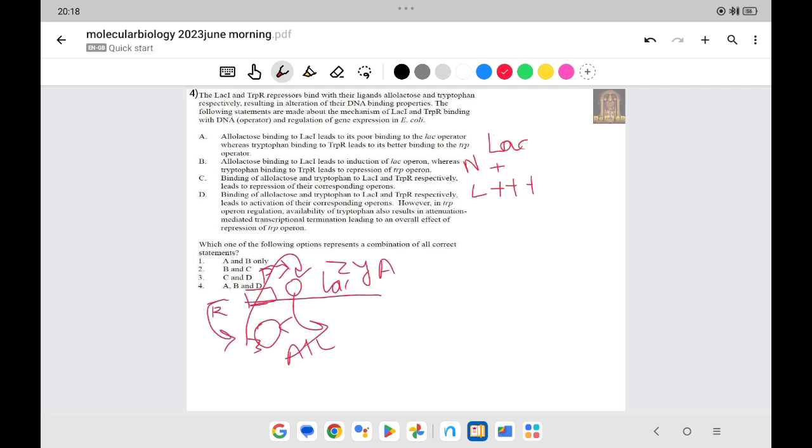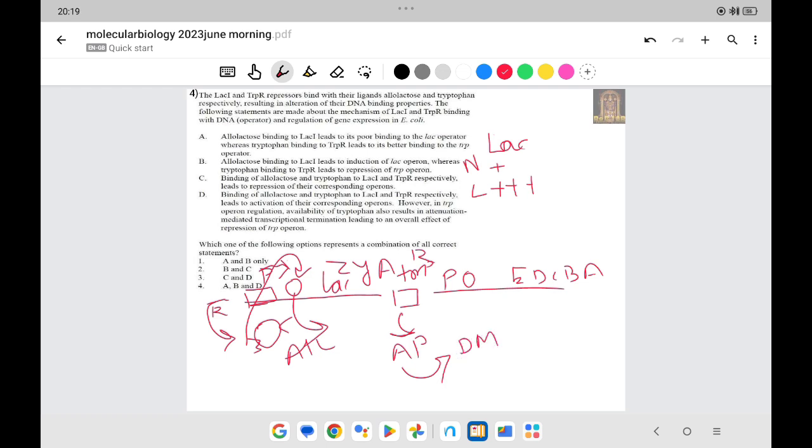And what is the structure of the trp operon? In the trp operon case, suppose this is the trp repressor, trp R, and here you can see the trp promoter, trp operator, and the rest of the genes, that is trp E, D, C, B, and A. And from the trp repressor, a protein is synthesized that is known as the aporepressor, which stays in monomer form and thereafter converts into the dimer form.